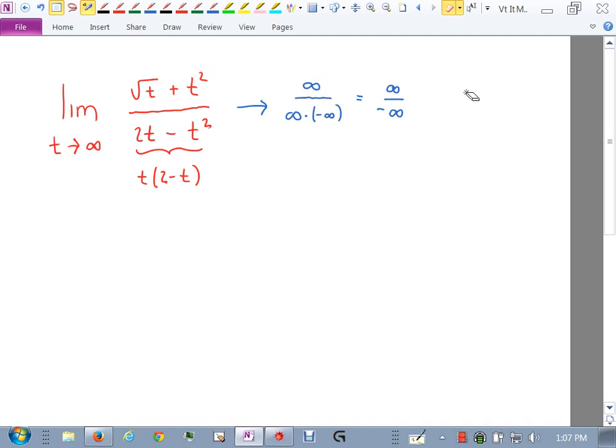All right, so I know this is a bad situation. The only thing I really have is some algebra or some trick. What did we do in the past when we had something like this? We did conjugate before. Yes, we did do conjugate. But infinity over infinity, first time I ever showed it to you, we tried to divide the top and bottom by something that would kill off the highest power in the bottom.